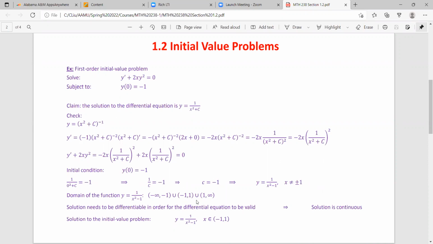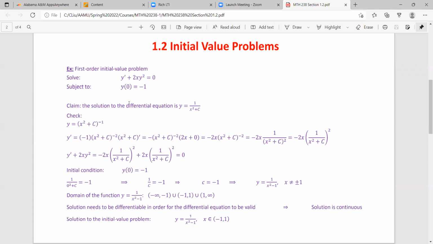It's only defined in one of those parts. You can only pick up one region from the three. And the problem itself will tell you which part of the domain you pick up.